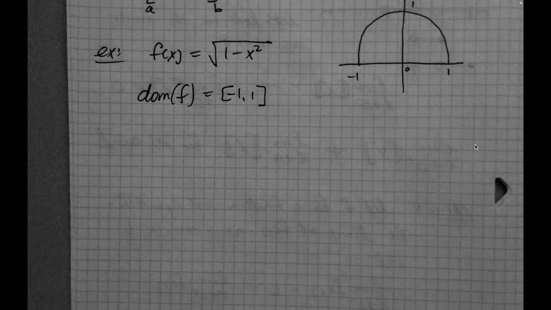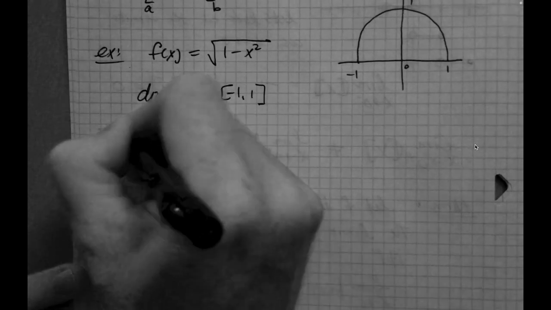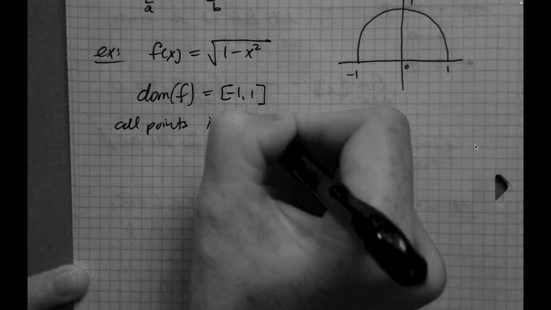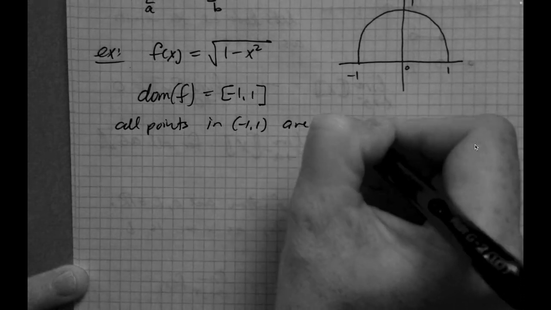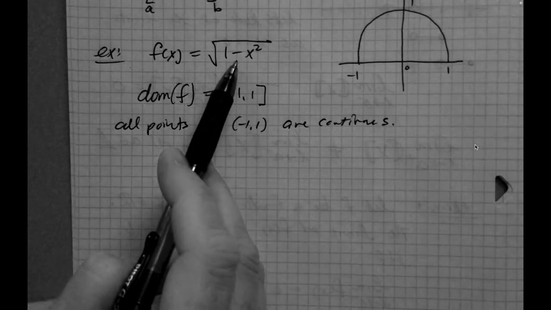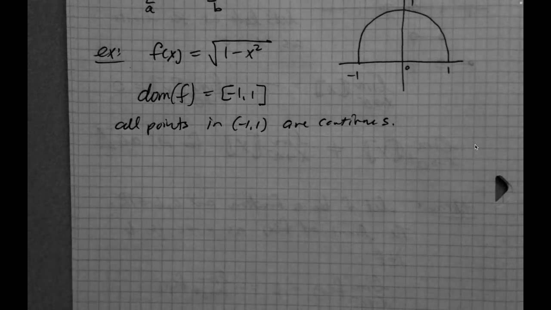Obviously, just by looking at this, all points in the open interval from -1 to 1 are continuous. There's no problem here. I can't plug a number into this and get a discontinuity, at least not in the normal way of thinking.